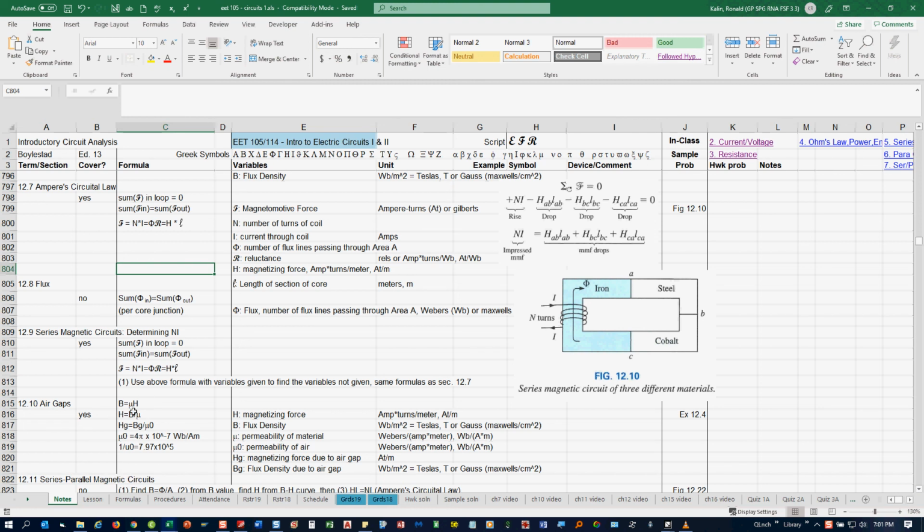So B equals mu H. H equals then B divided by mu. Hg is the magnetizing force due to the air gap, and Bg is the flux density due to the air gap.